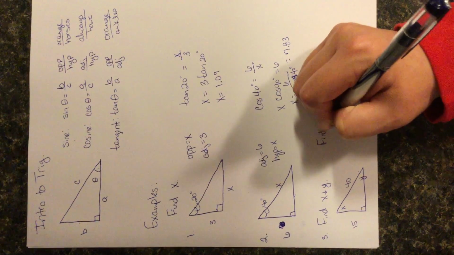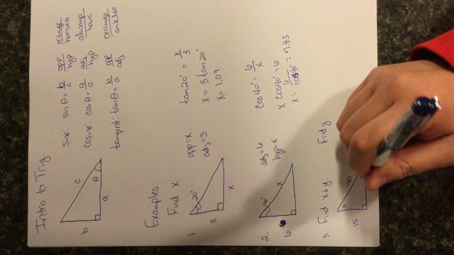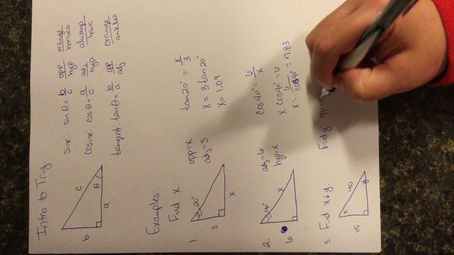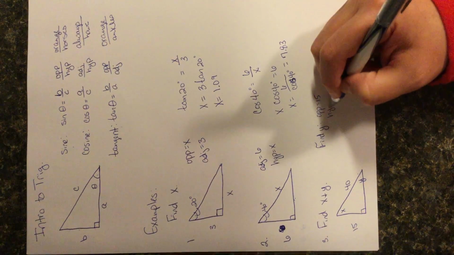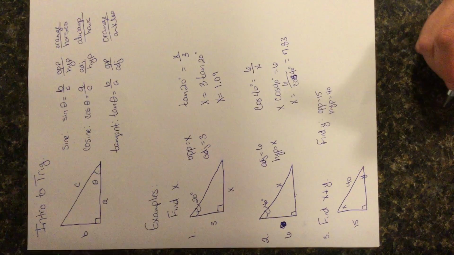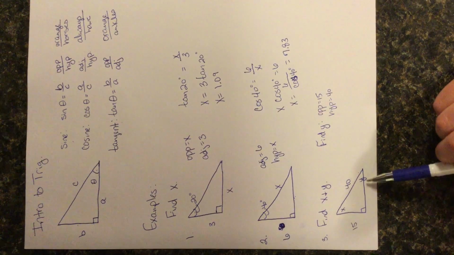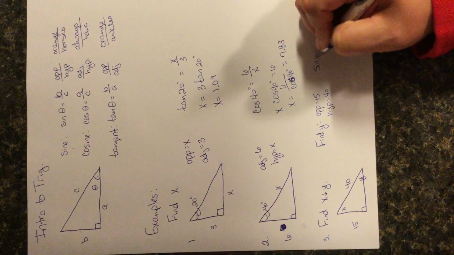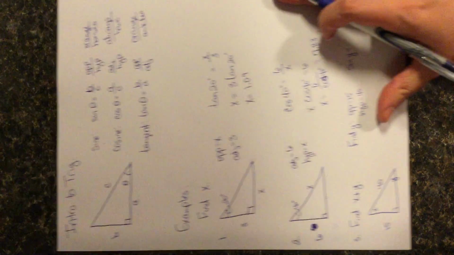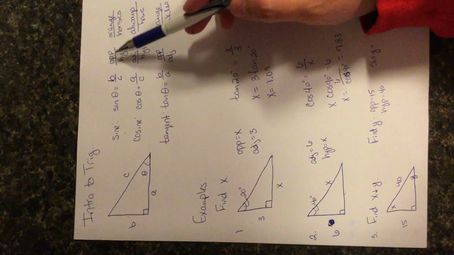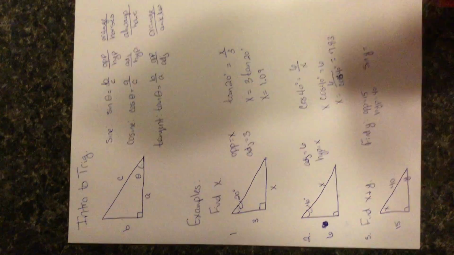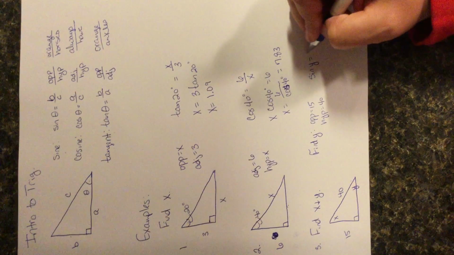So to find y, you have the opposite side is 15 and the hypotenuse is 40. So we would have the sine of y is equal to, because if you go back up here, opposite and hypotenuse is sine, so sine of y is equal to opposite over hypotenuse, so 15 over 40.